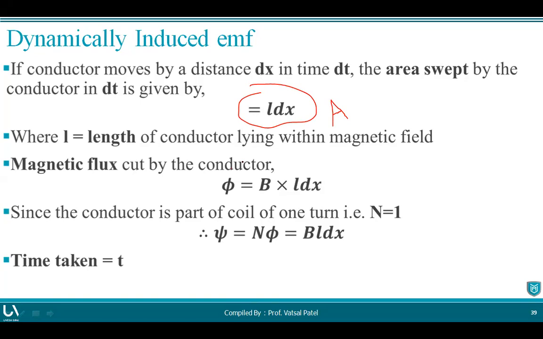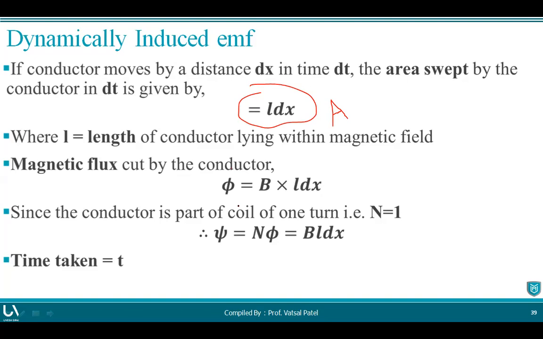Since the conductor is part of a coil of one turn, because in the diagram we have represented only one conductor placed in the magnetic field, N is equal to 1 in the flux linkage equation.